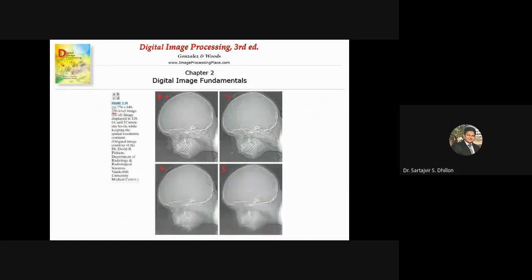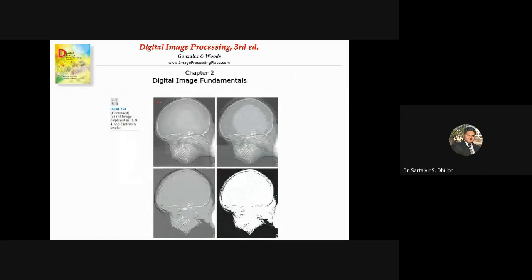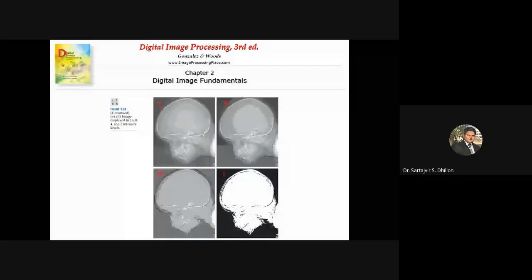They have been further reduced. In the previous we were talking about 8, 7, 6, 5, and this one is a 4-bit image, this one is a 3-bit image, and this one is a 2-bit image. In the 1-bit image there are 2 raised to power 1, which is equal to 2. So there are only 2 levels, black and white.